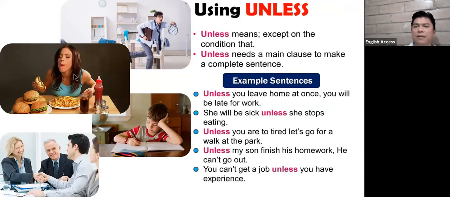The first one, unless means except on the condition that, and it needs a main clause to make a complete sentence. Example: Unless you leave home at once, you will be late for work.